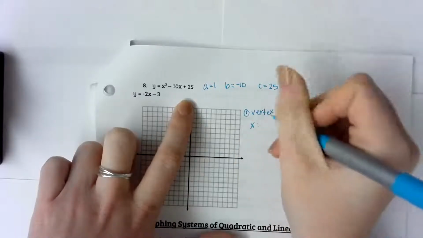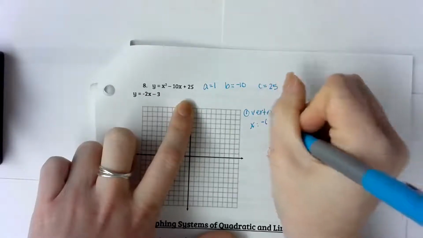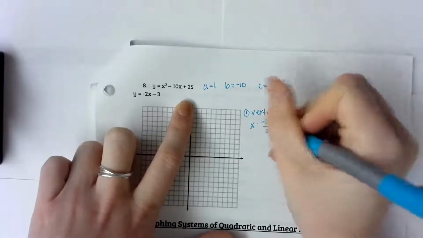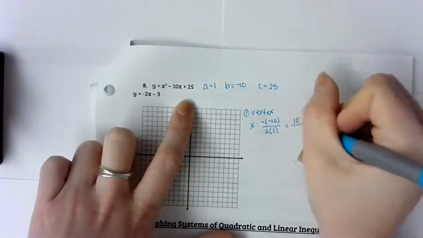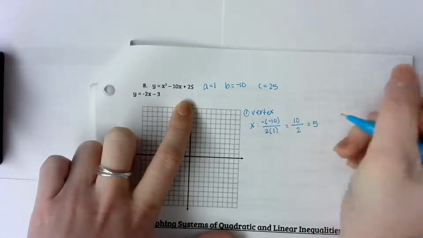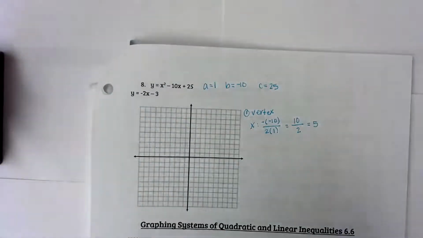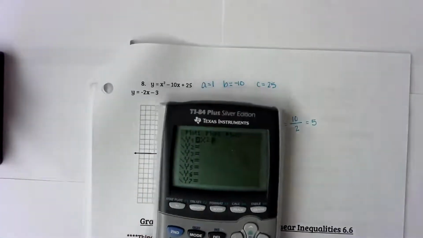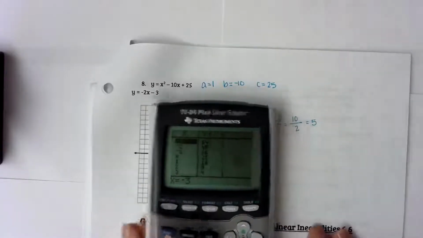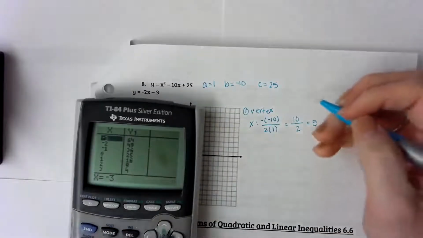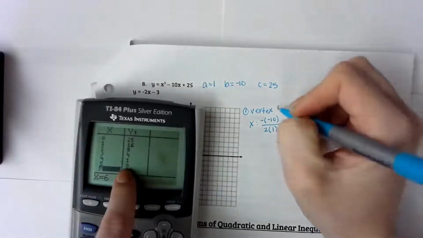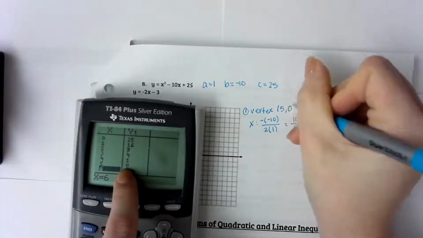So x is the negative b, so negative 10 over 2 times a. So the 2 negatives are going to make a positive 10 over 2, which is 5. So because that's a whole number, I can plug this into my calculator, x squared minus 10x plus 25, to get the y value. So at a positive 5, our y value is 0. So that makes our vertex 5, 0.